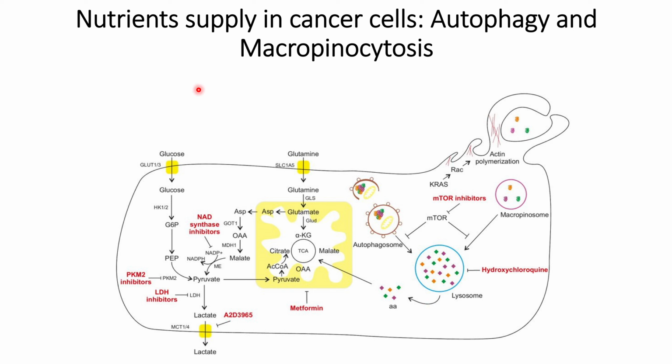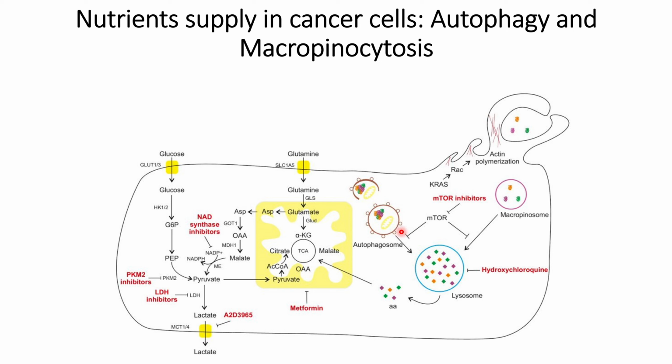However, in the case of macropinocytosis, since the nutrient supply is high, the genes responsible for mTOR will be upregulated, and that will prevent the fusion of the autophagosome and lysosome.